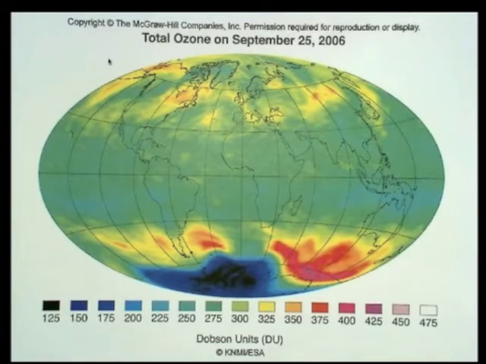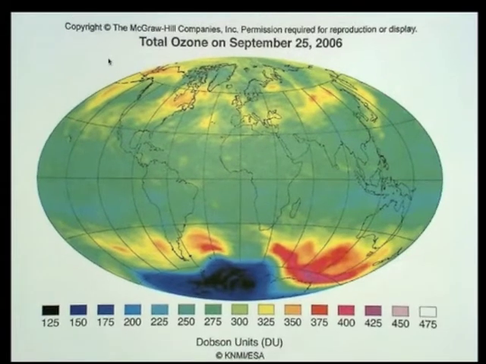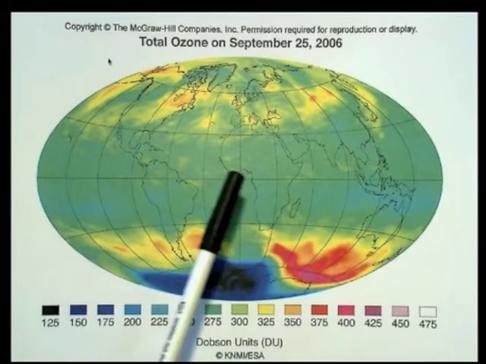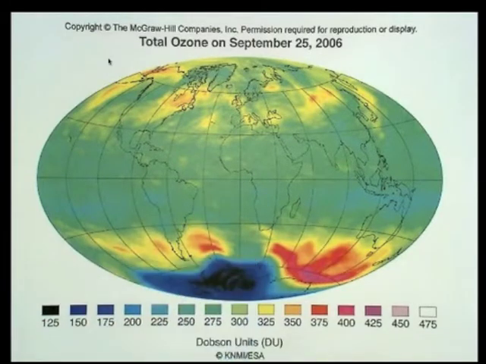What this picture tells us is that the overall concentration of ozone around the world is not constant, and down here around the South Pole, the Antarctic region, there's what's considered a hole. It doesn't mean literally a hole, it just means a region of very low concentration relative to the rest of the world.